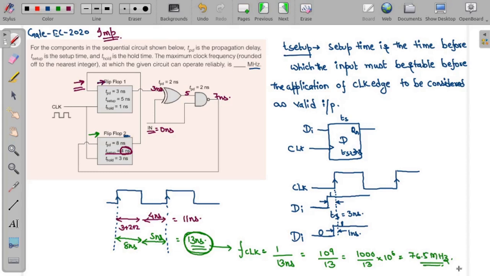So your answer was 77 megahertz, in the range of 76 to 77 megahertz. This was one of the very good questions they have given.